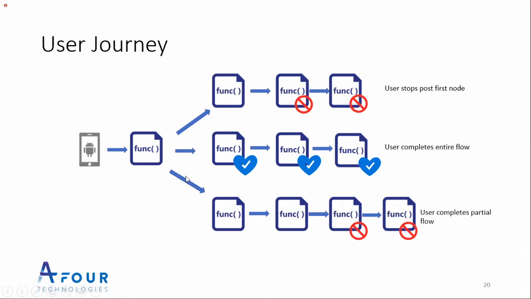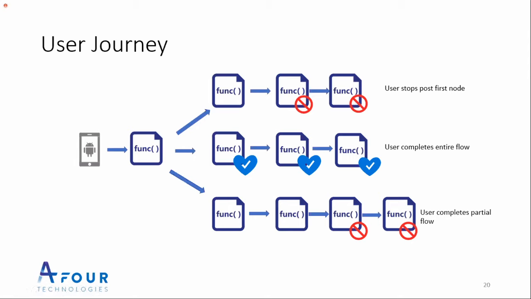Based on that, you can create visuals for your business team, saying that this is the path wherein people are. This is the most popular path, and we need to make sure we continue investment in this particular path.